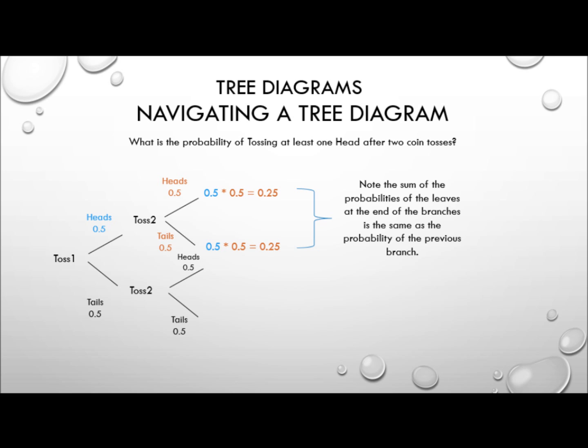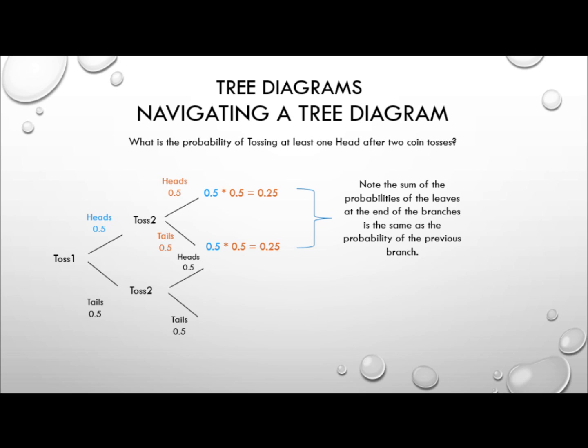So the probability of it being heads and then heads is 0.5 times 0.5, which is 0.25. And the probability of it being first heads and then tails is 0.5 times 0.5, which is 0.25. So the probability of at least one heads, if the first coin is heads, is 0.25 plus 0.25, which is 0.5.